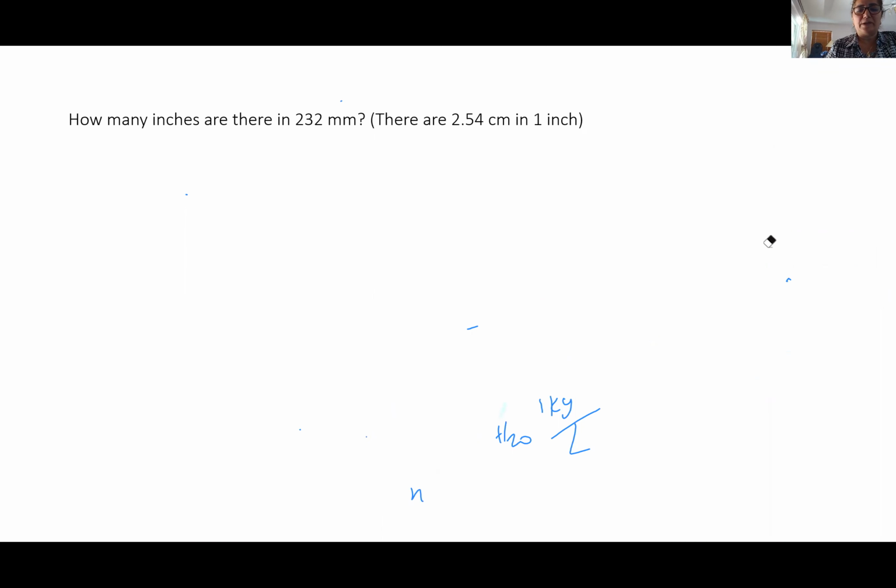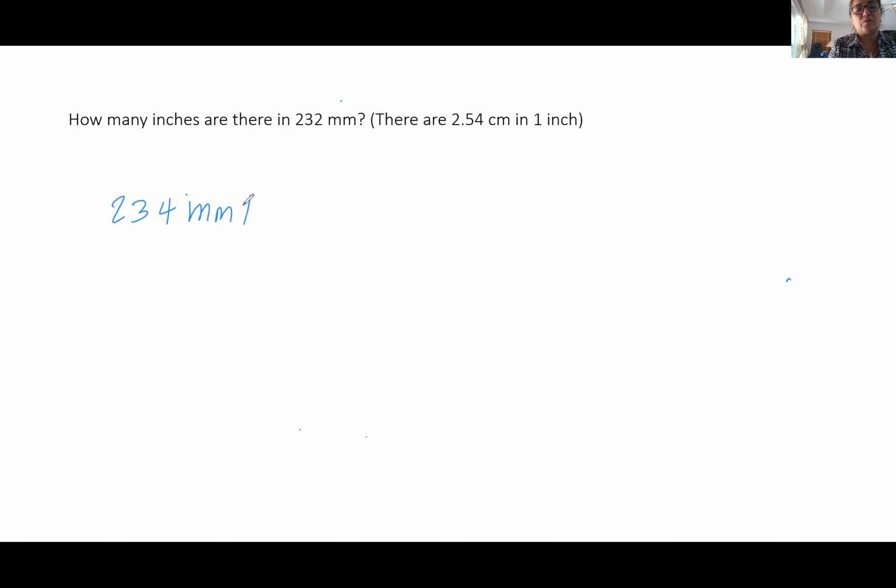If you are using dimensional analysis, anytime you are using dimensional analysis, you are going to start with the given number. Okay, you're going to start with the 234, and that is a millimeter.